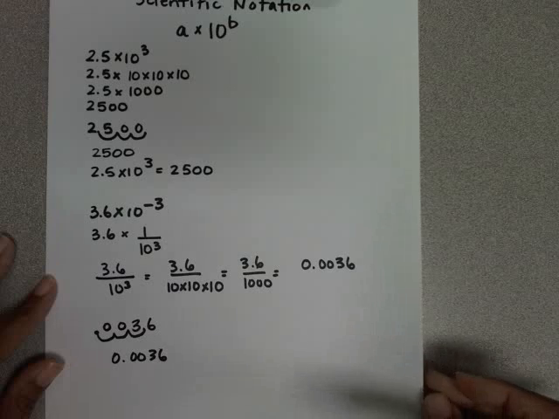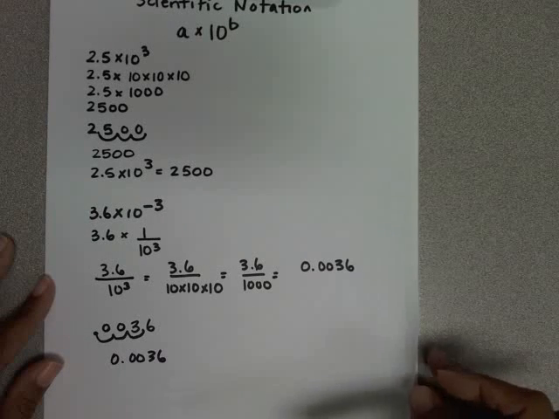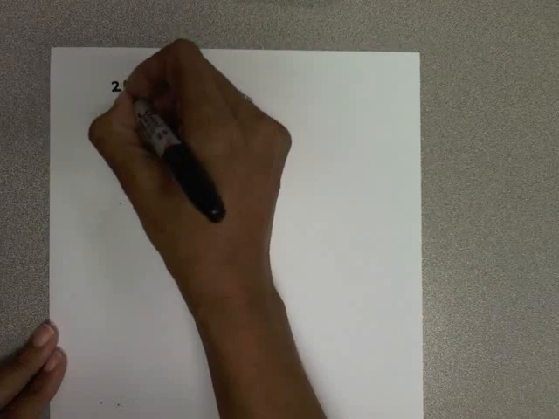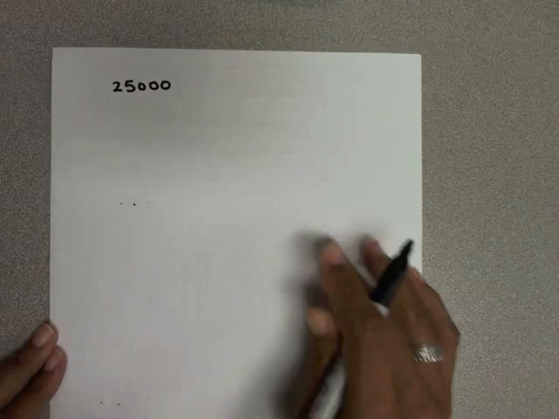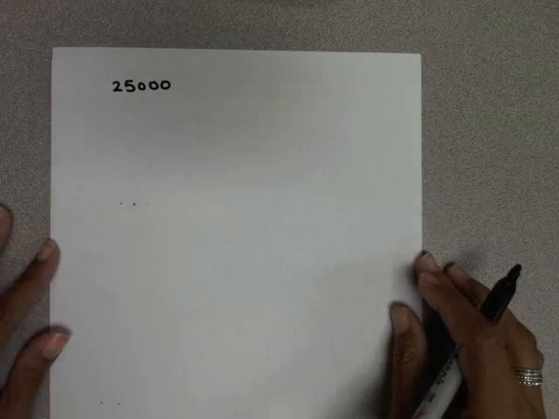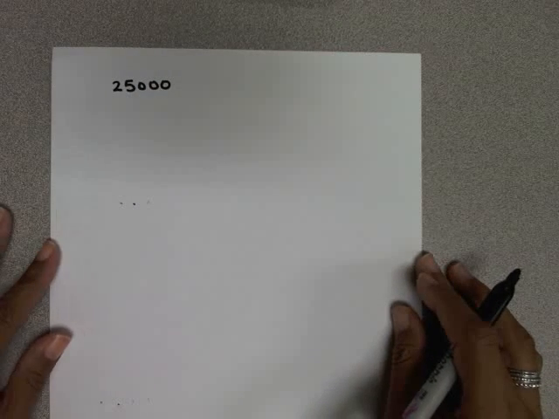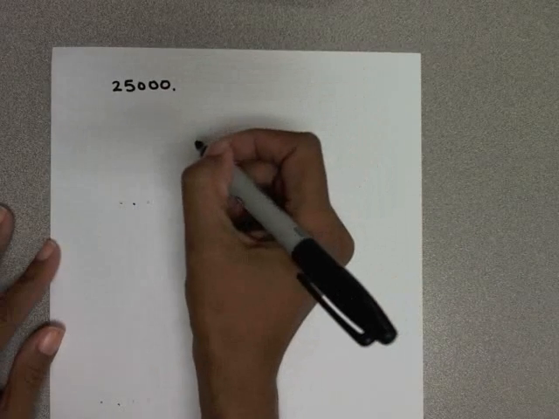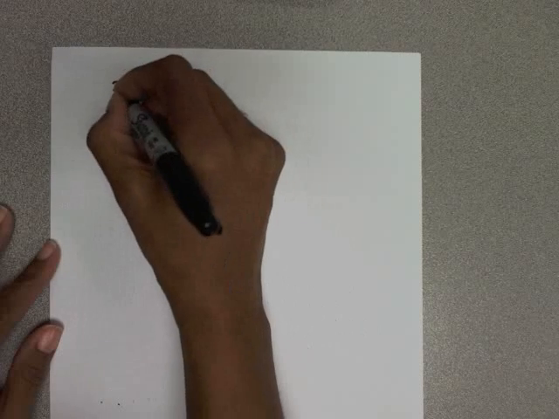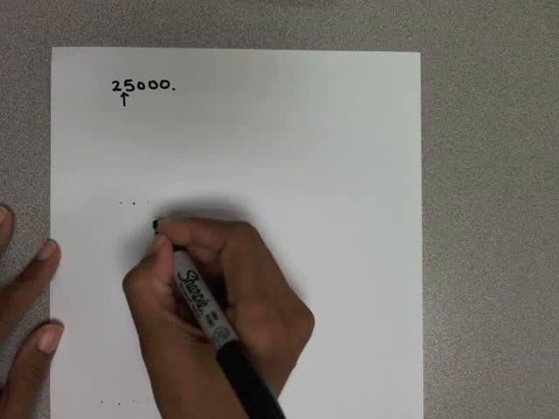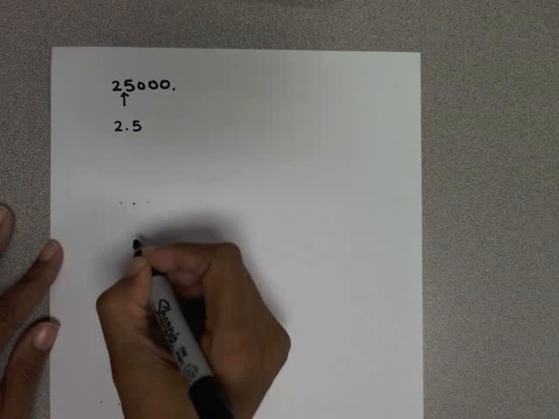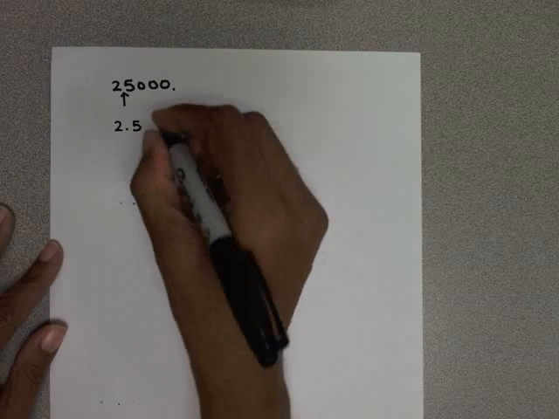All right, let's look at starting with standard form and going to scientific notation. So for example, if we start with 25,000, that's standard form, and if we want to write this in scientific notation, the first thing we need to do is add our decimal point. It would be there. And we want our new decimal point to go here between the 2 and the 5, because we need a number that is at least 1 but less than 10.